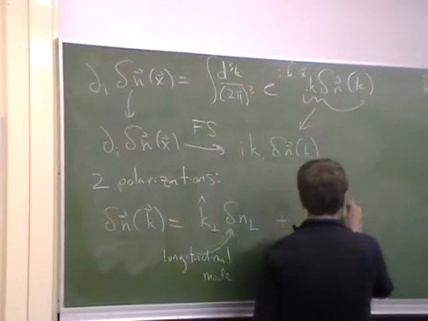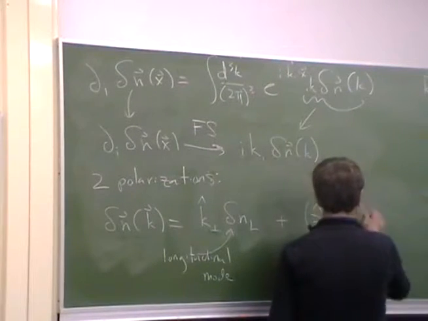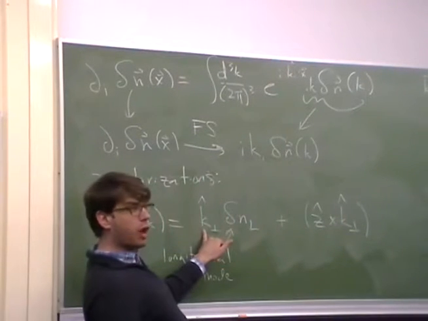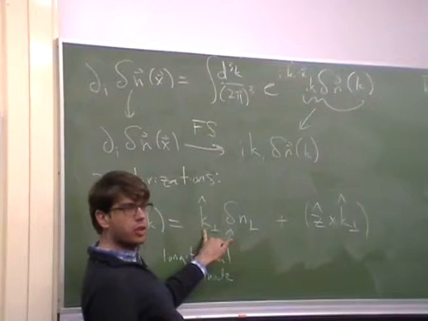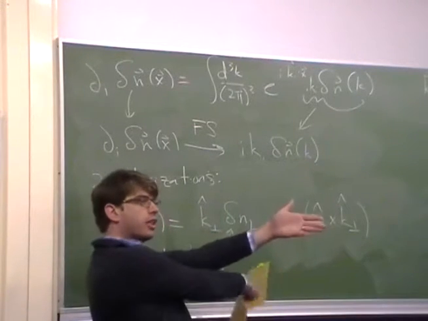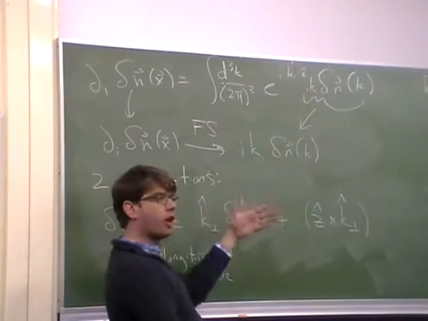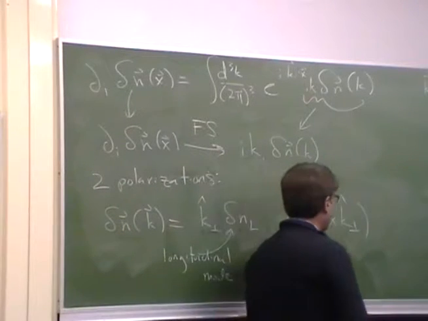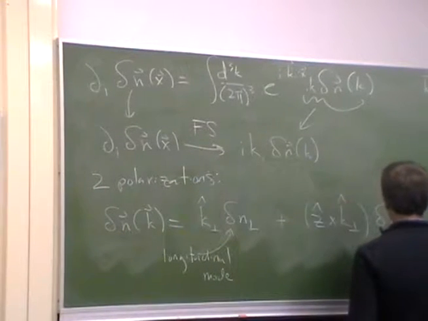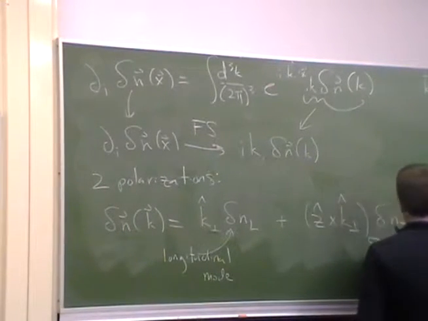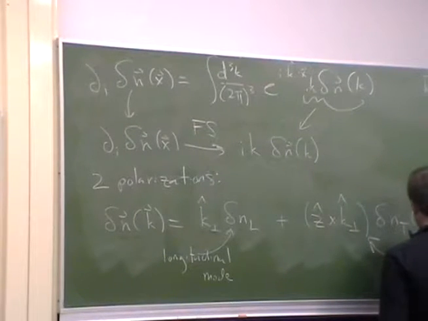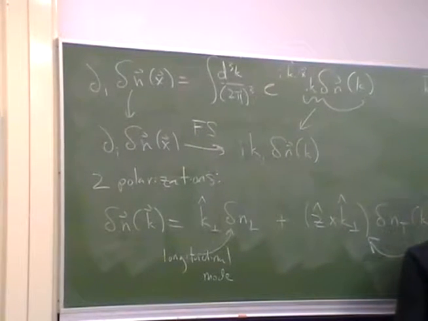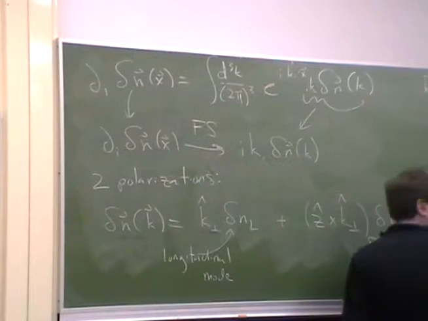In this case, it's very simple to write it. It's basically 90 degrees rotated with respect to the longitudinal direction, which is along k, which is perpendicular to k. So I just take z cross k perp. Okay, and that gives me the other polarization. Simple.